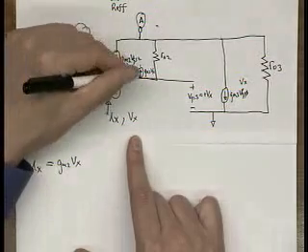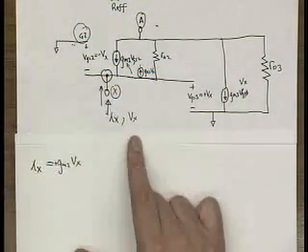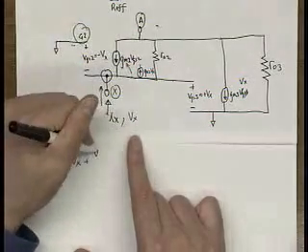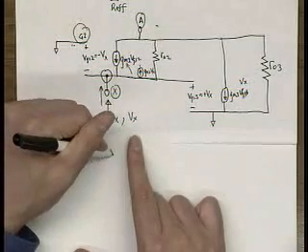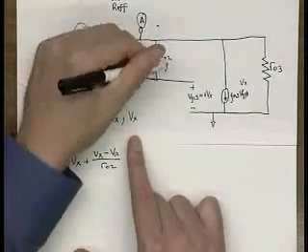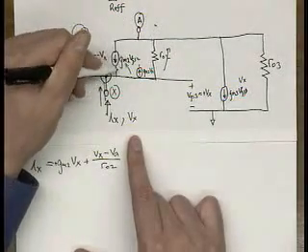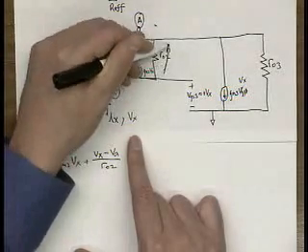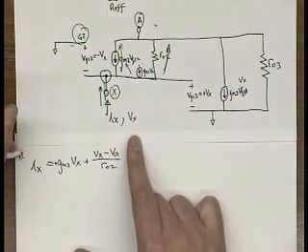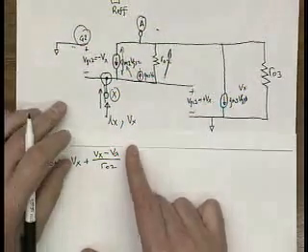And notice that because the polarity is outward, the sign here is positive because I'm putting it on the other side of the equation, plus (Vx minus Va) over RO2. That's the current flowing through here. So basically what this KCL says is the current flowing in is equal to the current flowing through this transconductance device plus the current flowing there. Okay? So that's KCL at X.